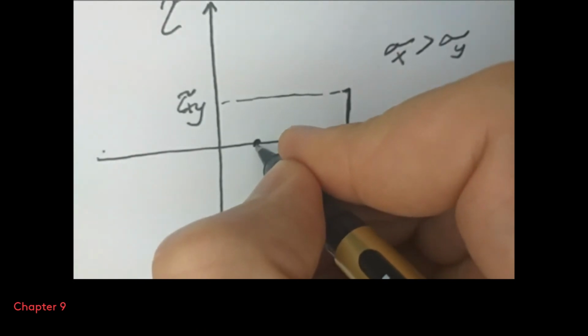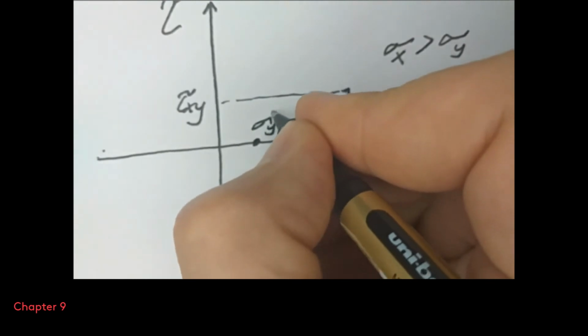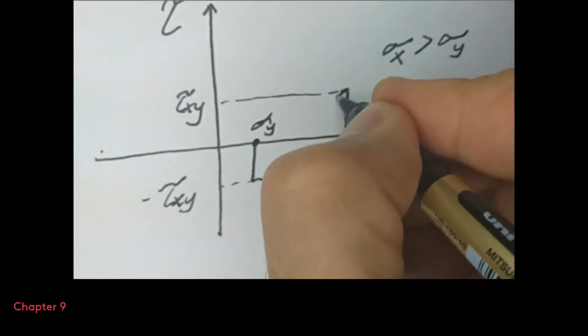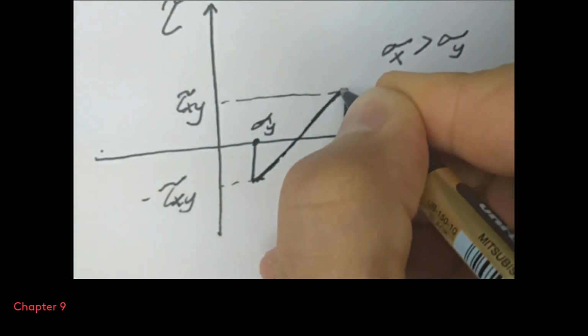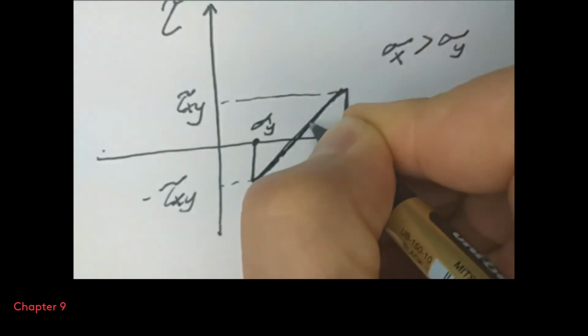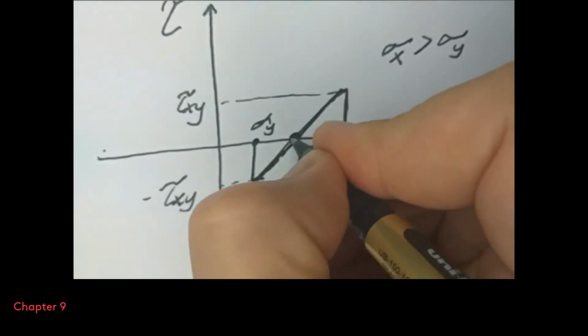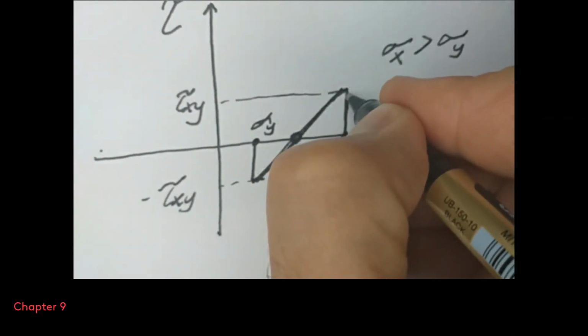And I draw a straight line between them. Now I have the center, and I draw a circle around this line. This circle is called the Mohr circle.